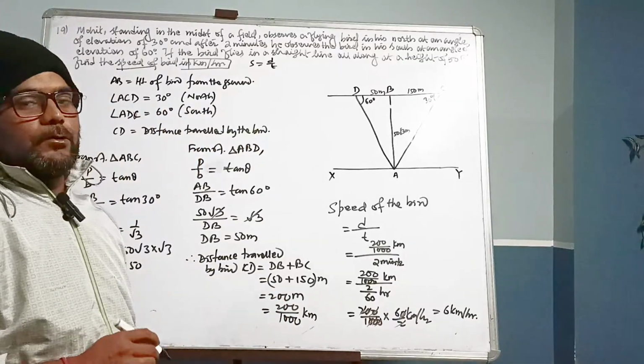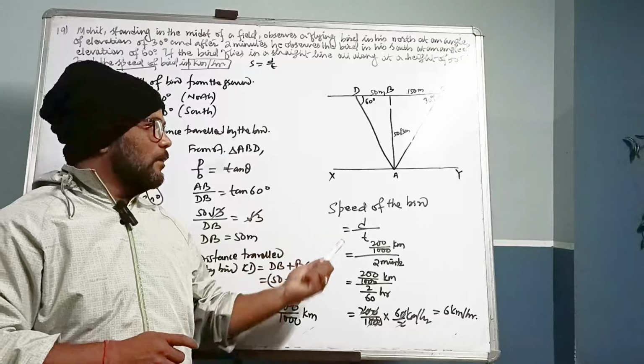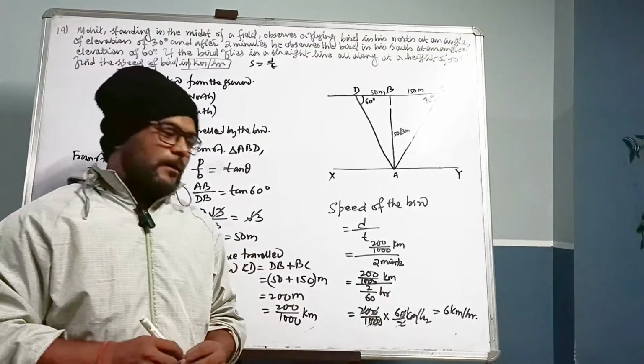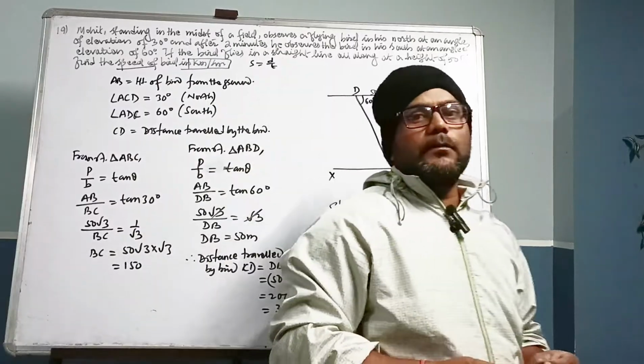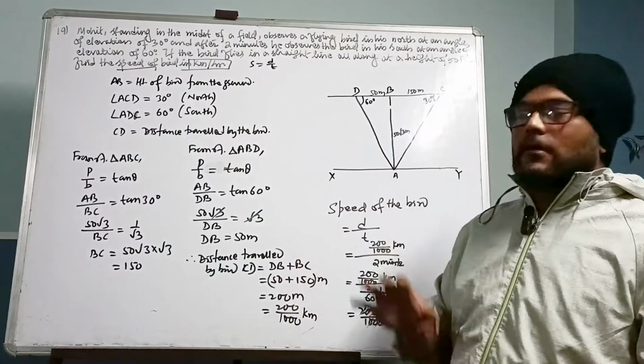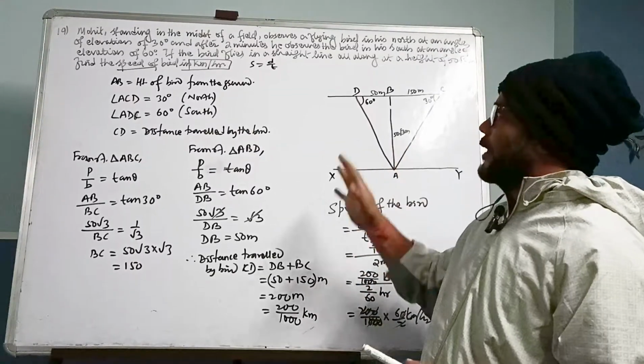Okay, so this was my last question from the part 1 of height and distance. So hope our dear students have understood clearly. So what is the basic concept in order to solve the different questions related to height and distance?